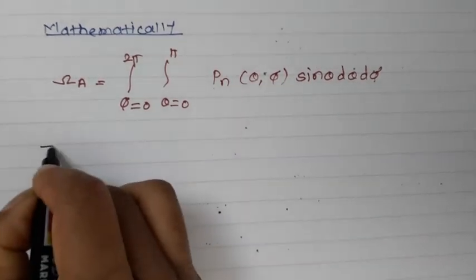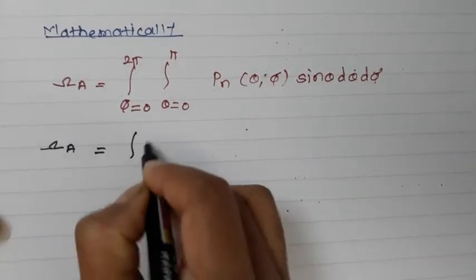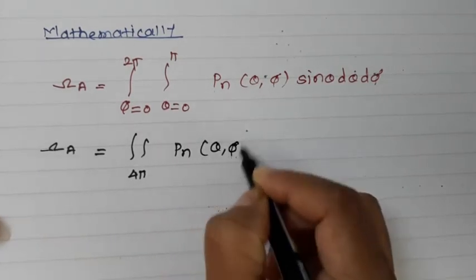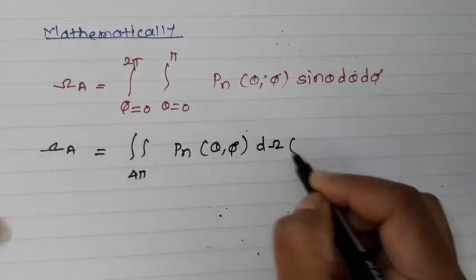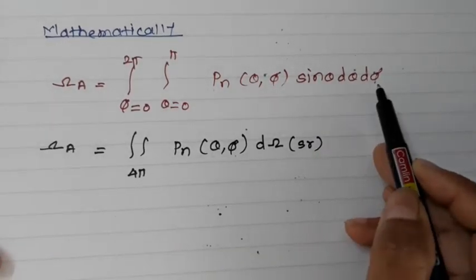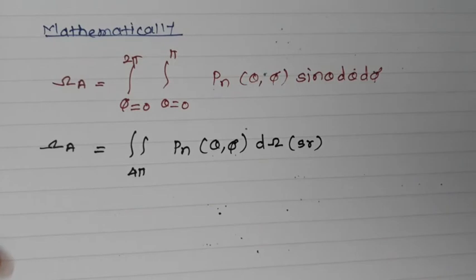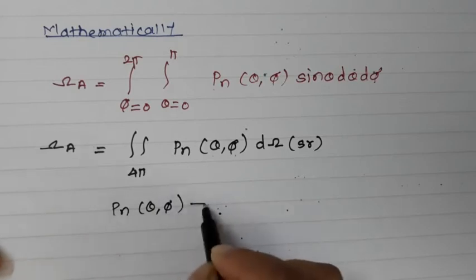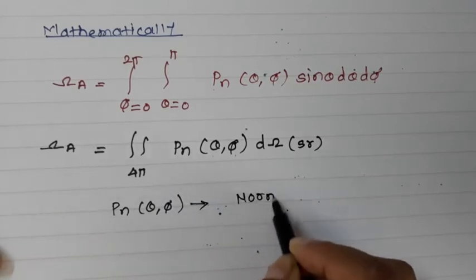So beam area ohm A is equal to the integral of Pn theta phi d ohm, in steradian. As we have already seen, sine theta d theta d phi is nothing but d ohm from the previous equation, whereas Pn theta phi is the normalized power.